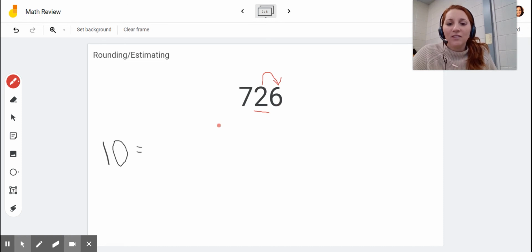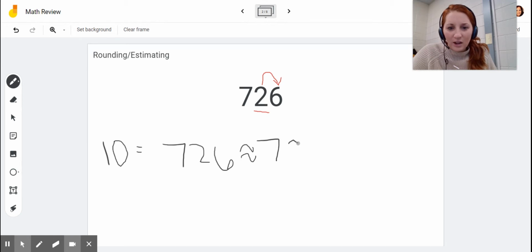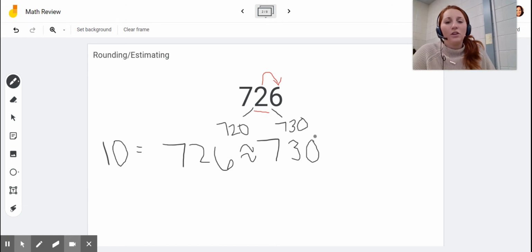So we know that it needs to raise its score. So 726 rounded to the nearest 10 would round to 730 because it's directly in between 720 and 730. And it's closer to 730.